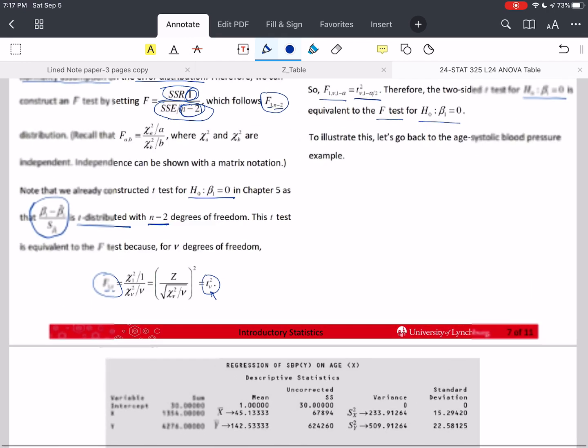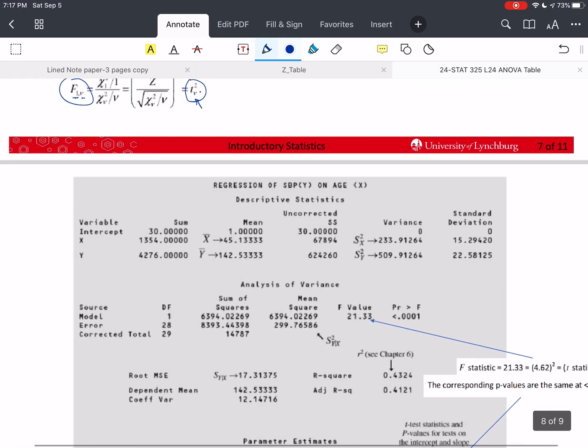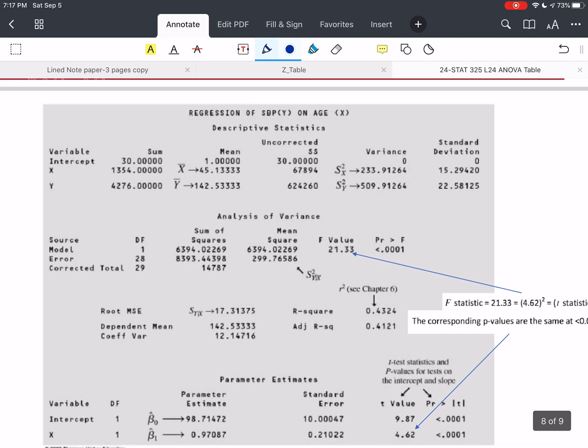So let's go back to an example and look at this. We have this readout, and again we have here our ANOVA table, and you see source. So this is the title up through here. And then you have model, error, corrected total. We looked at this a little bit before. And so here's our F value.